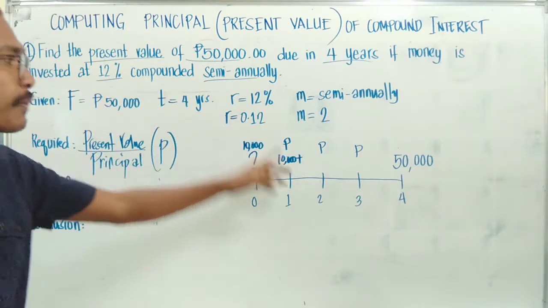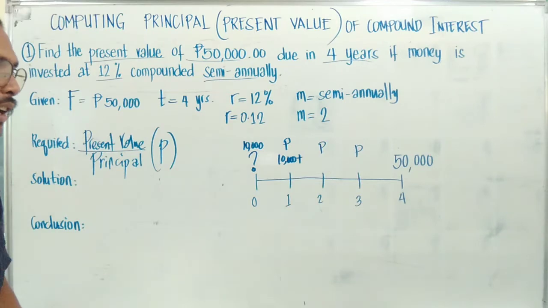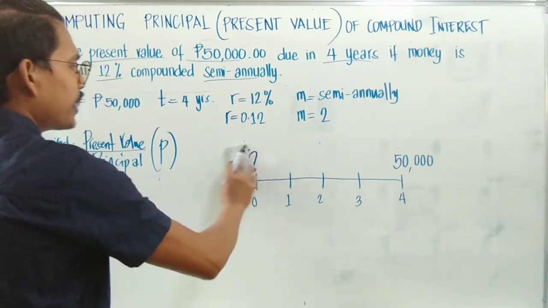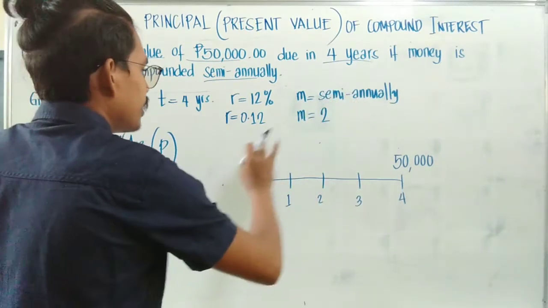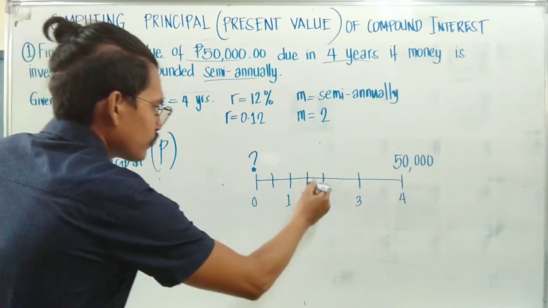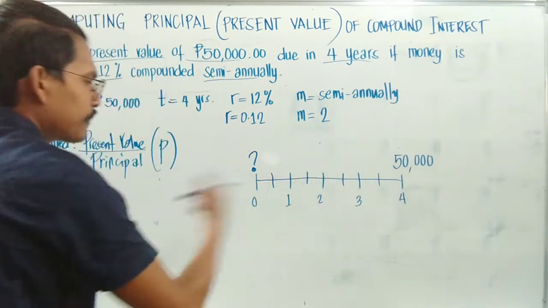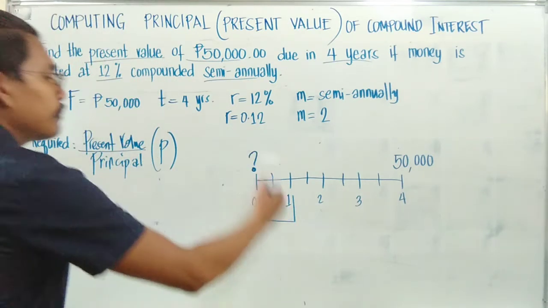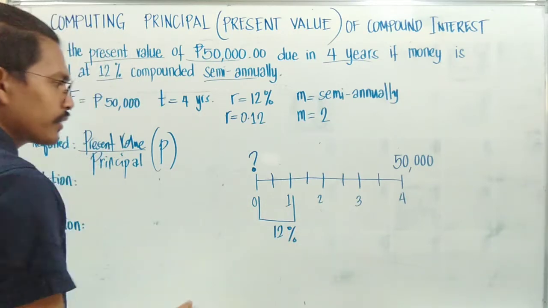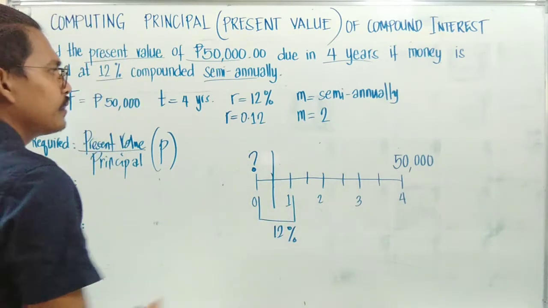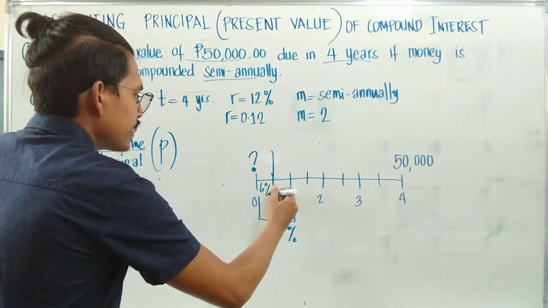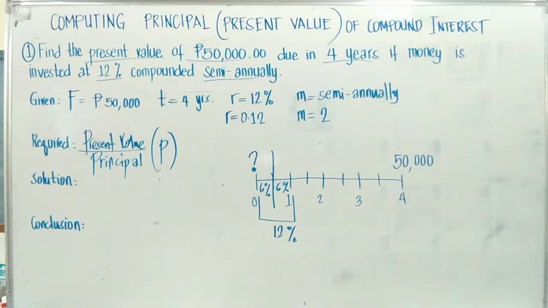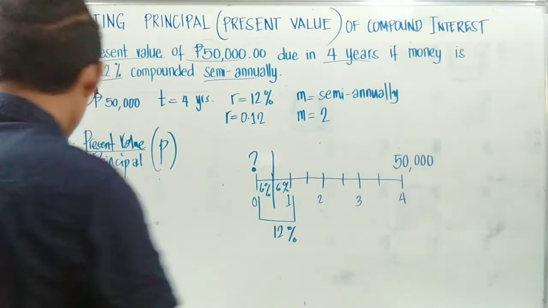So it is known as the present value. Okay? And we have this semi-annually. So each year is divided by 2 because we have twice every year. So every 1 year, you have a 12% rate of interest. Half a year, of course, you have to divide 12 by 2, so you have 6%, 6%, and so on. Okay? So that is the process behind.